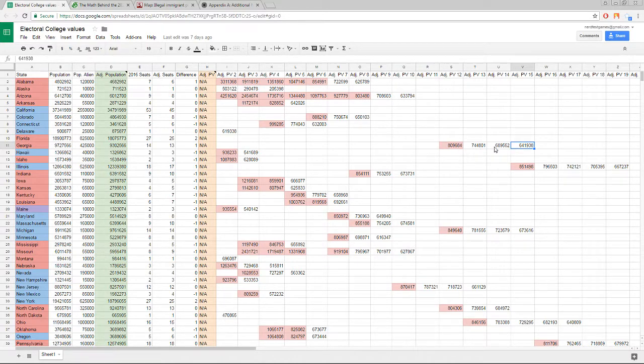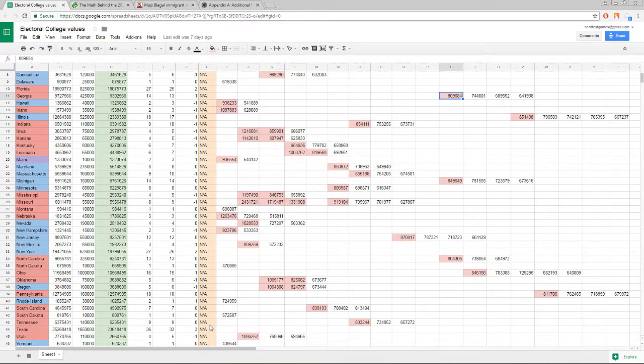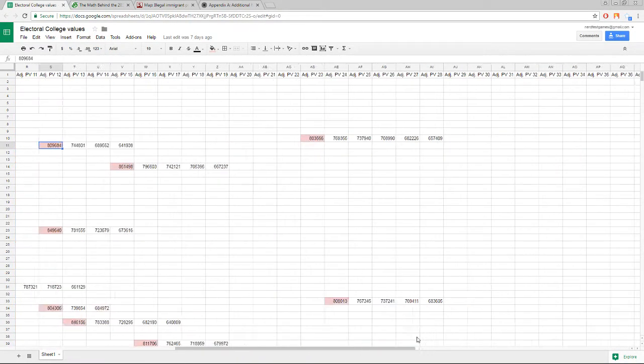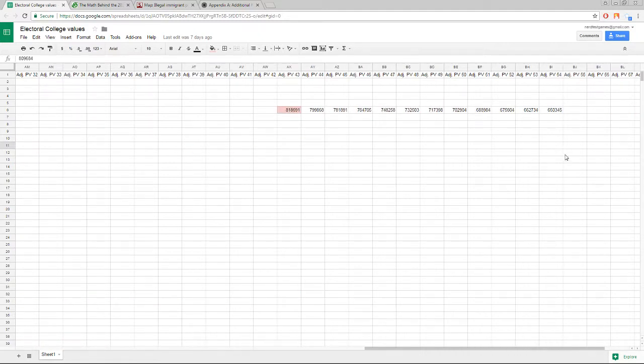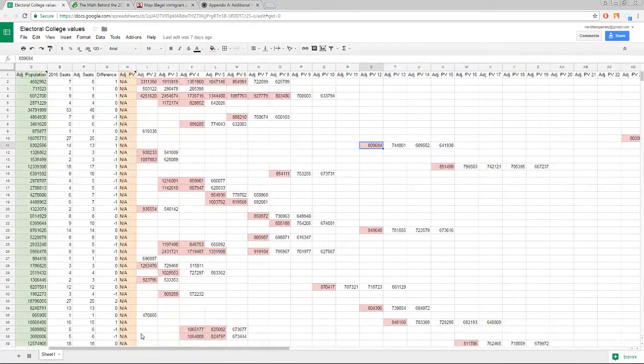So like here I did seat 14, and for Georgia I did 13, 14, and 15, and then I calculated back to 12, and that's how I got the number. So that's why some of these have like 5 numbers. Actually, if you look at California, because they gained so many seats, I had to calculate back like a whole lot to get to 800,000.